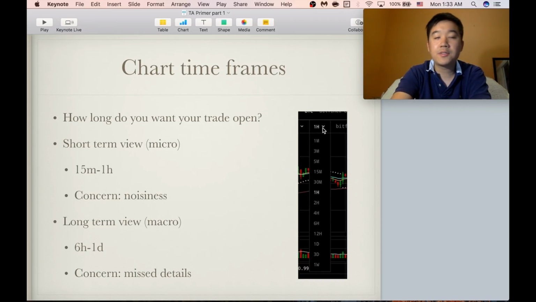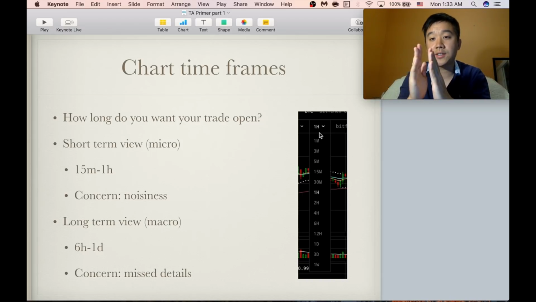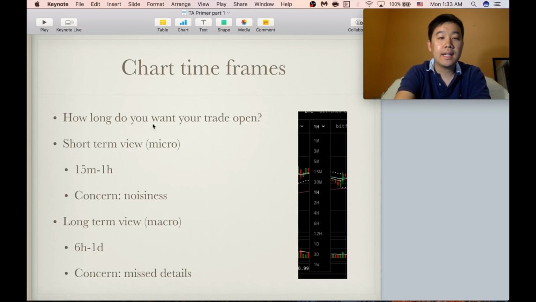Okay, now in terms of charts, time frames are also very important. They usually have a drop-down menu to let you see the time frame of the candlesticks, for example. How to choose this is really important when doing technical analysis. Basically, you want to ask yourself, how long do you want to have a trade open?